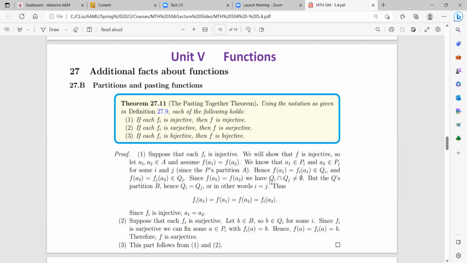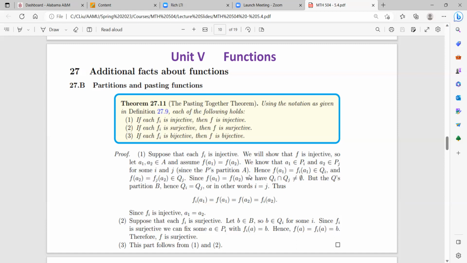So then Q_i and Q_j have a common element. f(a1) is one of the elements in Q_i, and f(a2) is one element in Q_j, and these two elements are the same. So that means the intersection of Q_i and Q_j is not empty.